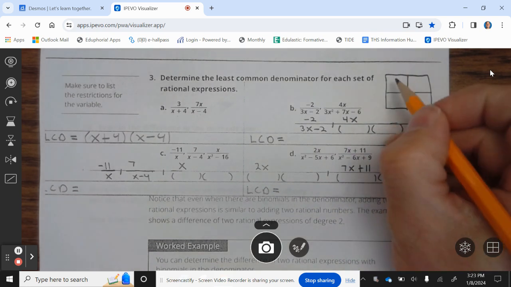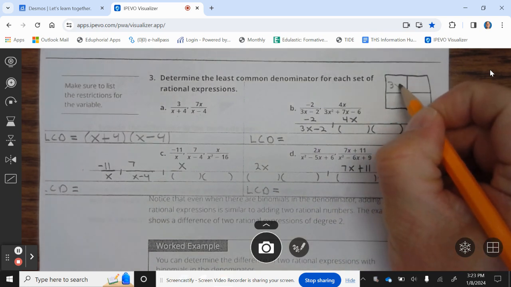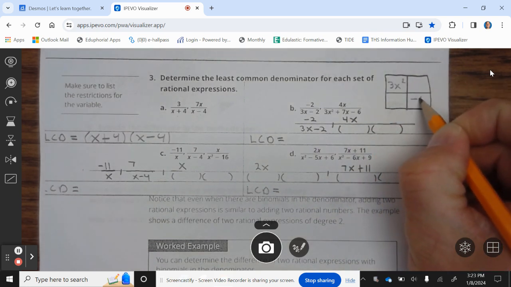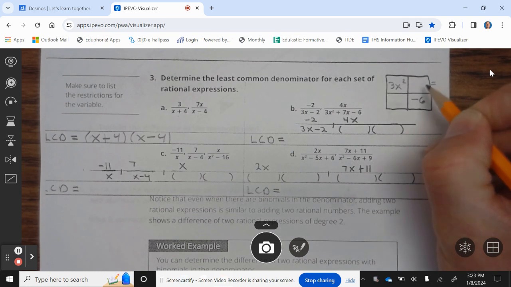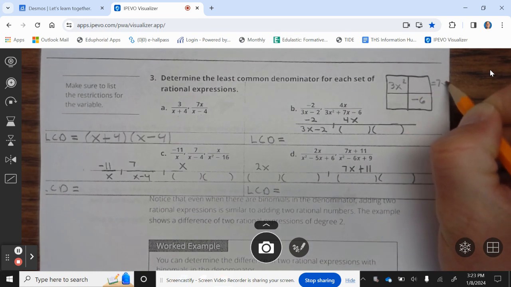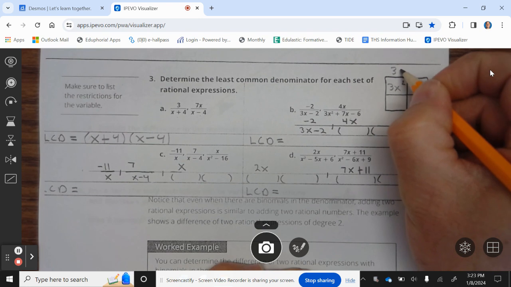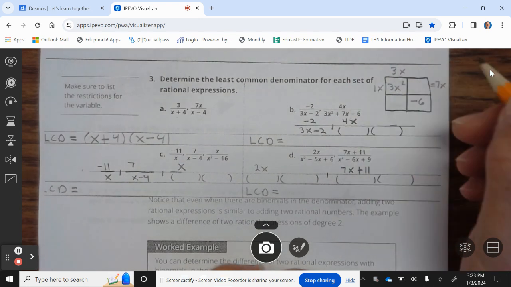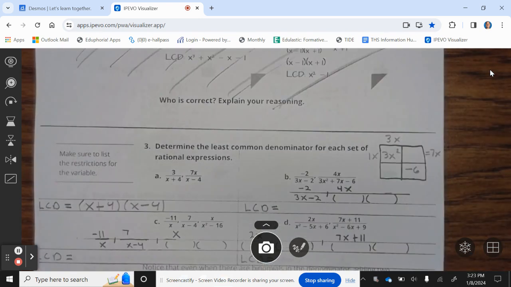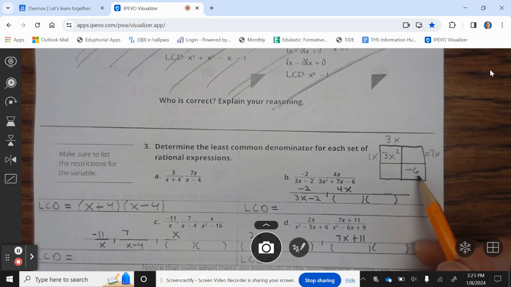All right, so we're going to use the reverse box method, so that's 3x squared, negative 6, and these should combine to be 7x. Now, to find 3x squared, we know that's 3x and 1x, and we need to figure out all the combinations that multiply to give you negative 6.